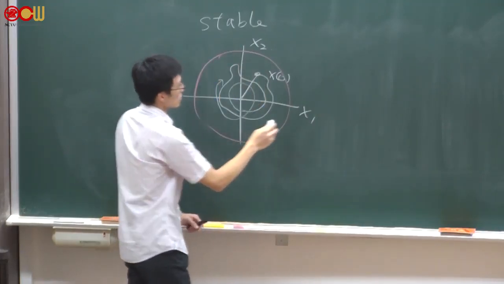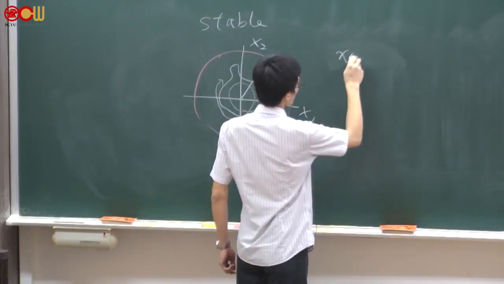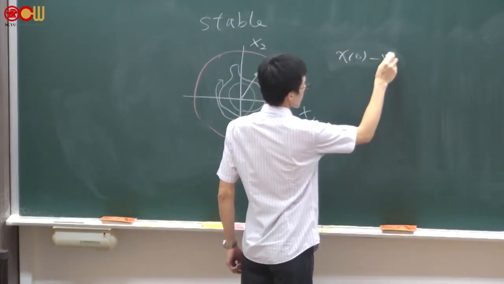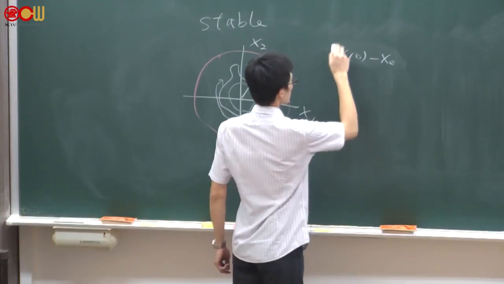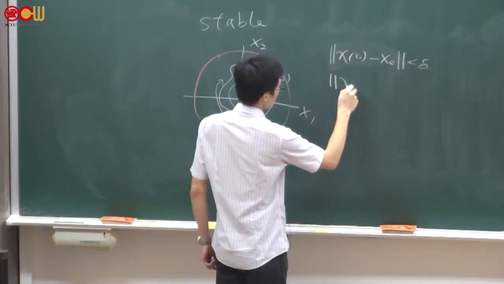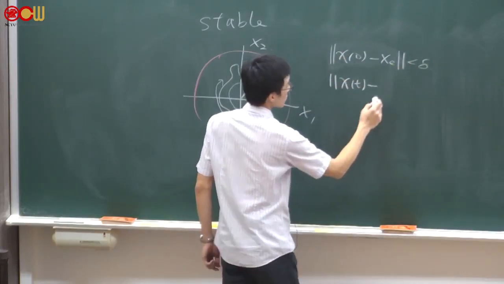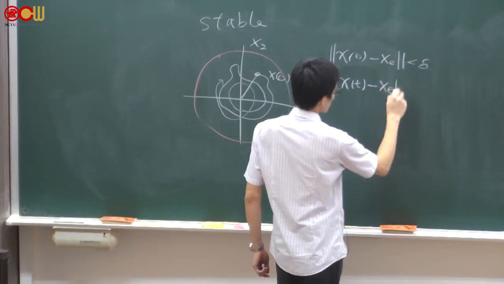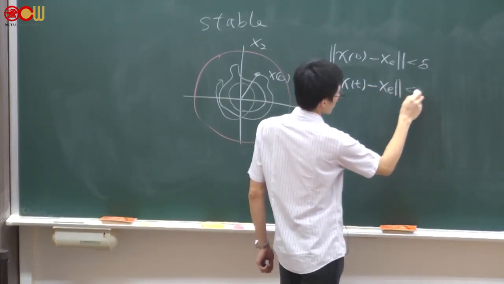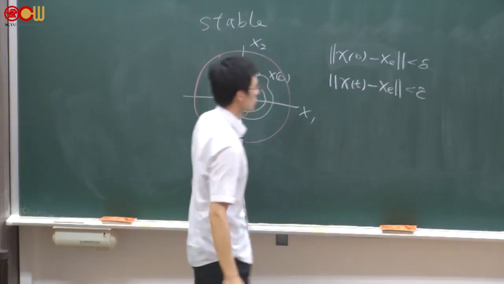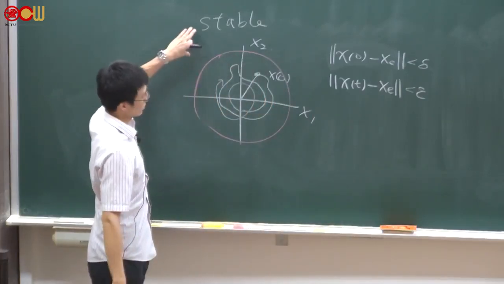If your initial condition is near the equilibrium point, then the solution also stays near the equilibrium point within some epsilon. Then it's defined as stable.